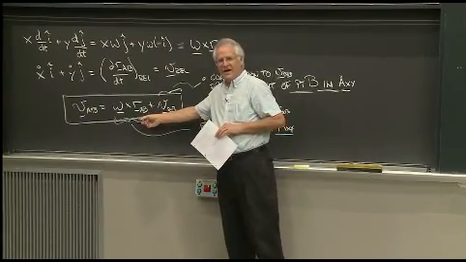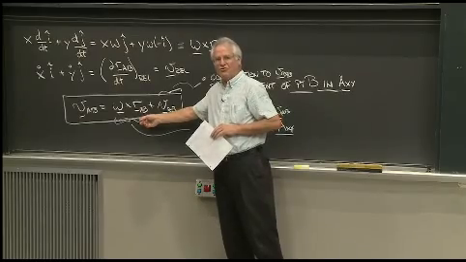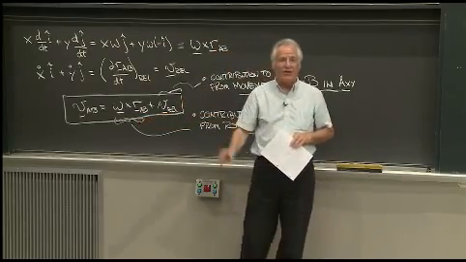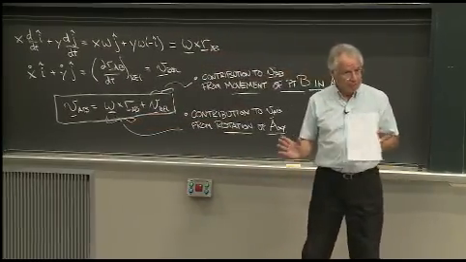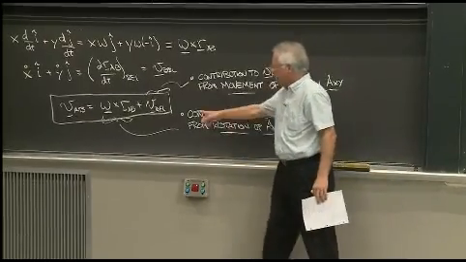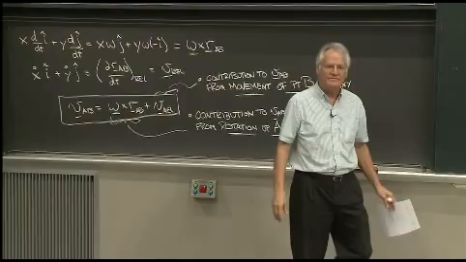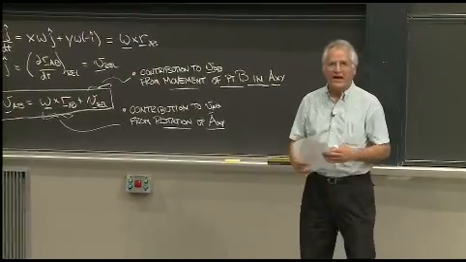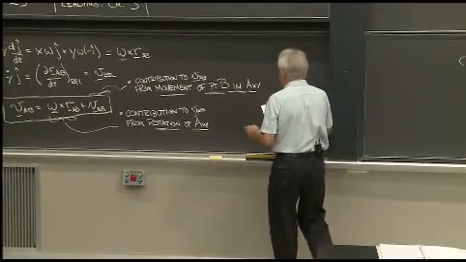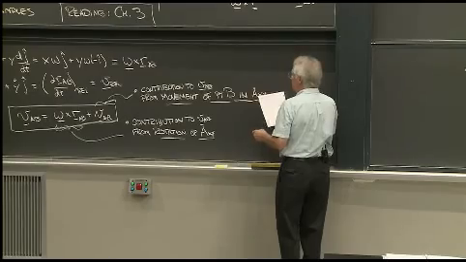One, a part that flows from the fact that the frame is rotating, and the other flows from the fact that the point is moving within the frame. Clear enough?